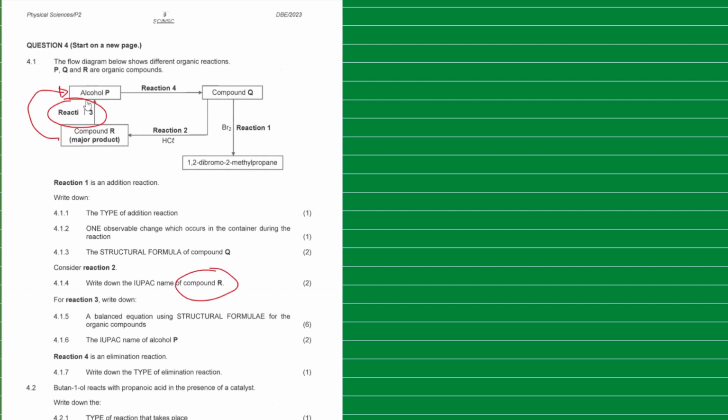Okay. So if we were to write down that compound Q, the question that we have here, a balanced equation using structural formulae. 4.15. Okay, let's just take our product R, because that's what we are reacting, our 2-bromo 2-methyl propane. Okay, this is our Br here, and then this is our methyl there.